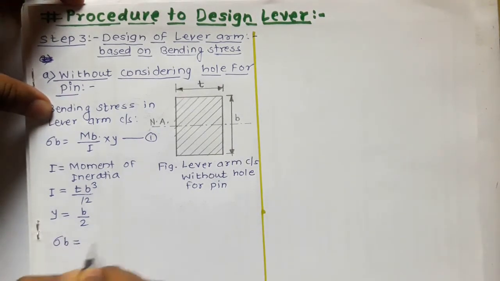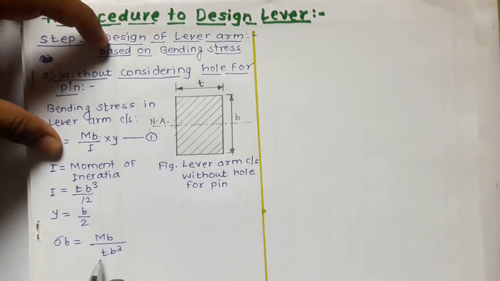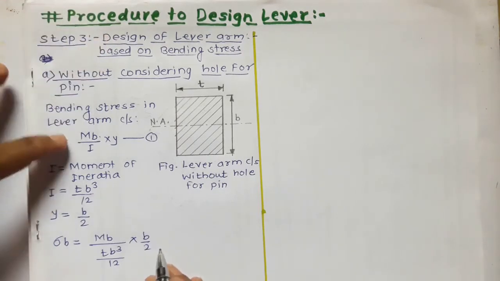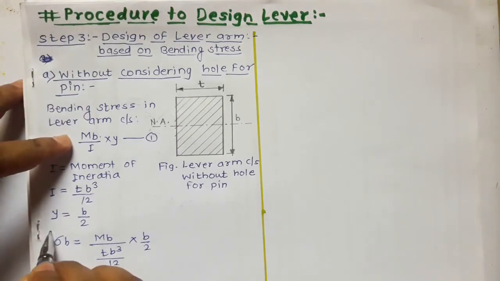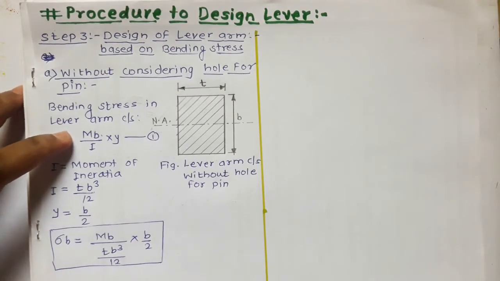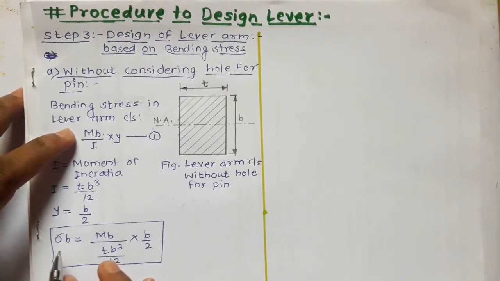By putting these values of I and y in the above equation, we get sigma b is equal to Mb upon t b cube upon 12, into b upon 2. With this equation we can find the values of t and b by putting in the value of permissible bending stress.